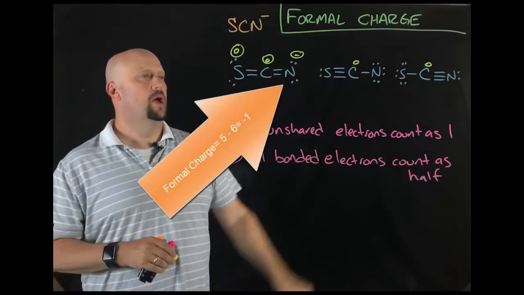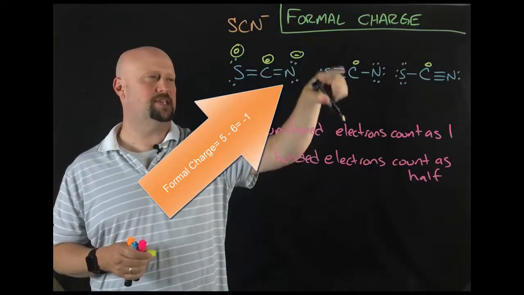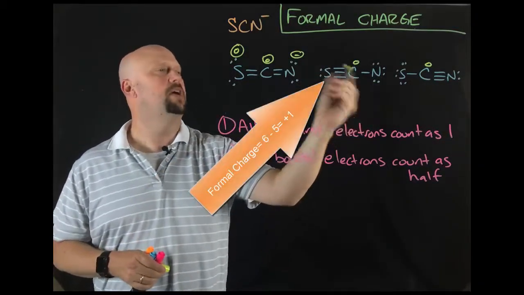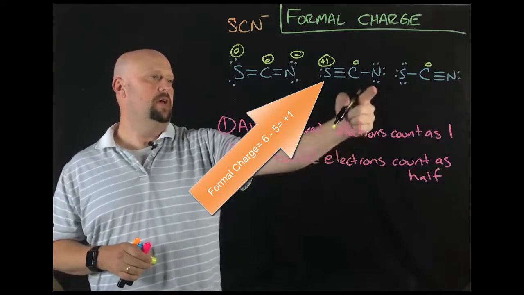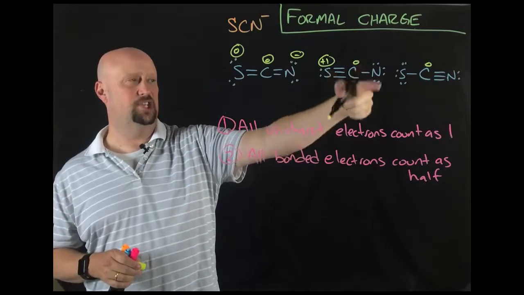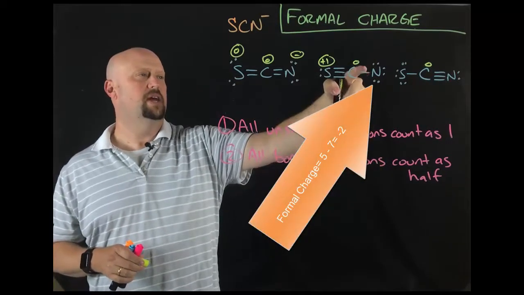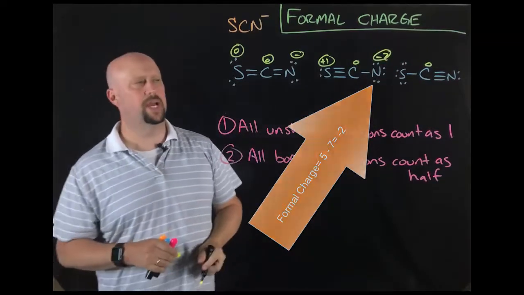Okay? We're going to jump over here to this one. Again, sulfur had 6, but in this case, it is assigned 5. And so that means I've got a +1 over here. Nitrogen has 5 valence electrons normally. It's assigned a share of 7. Okay, so 5 minus 7 gives me a -2. Okay, sorry I overlapped that.